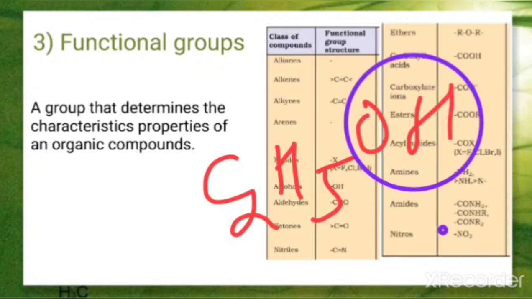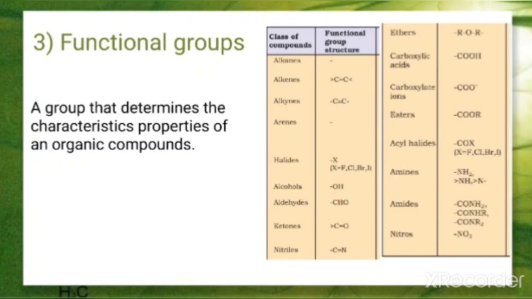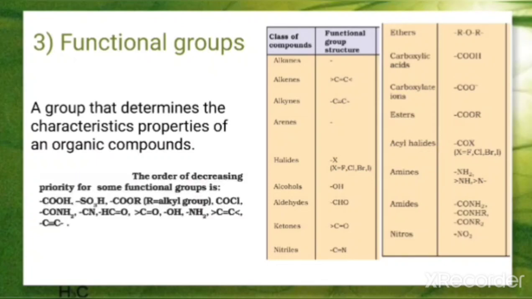So what is a functional group? A functional group determines the characteristic property of the organic compound. And you need to learn all these functional groups. But if the organic compound has more than one functional group, then you have to give priority in this order. The order of decreasing priority of some functional groups is given here. When you compare, the acidic group has the highest priority.